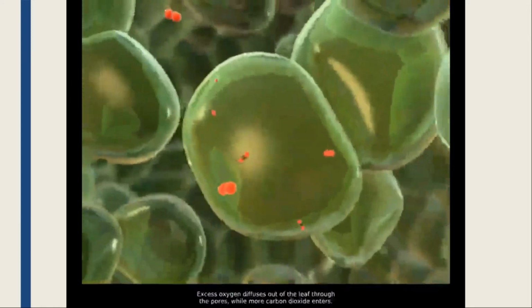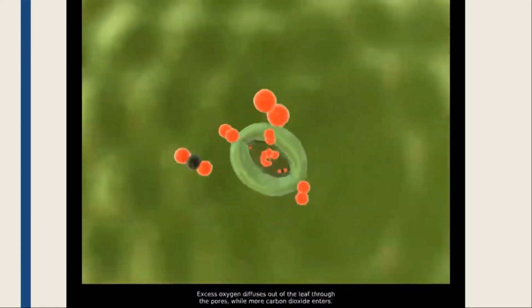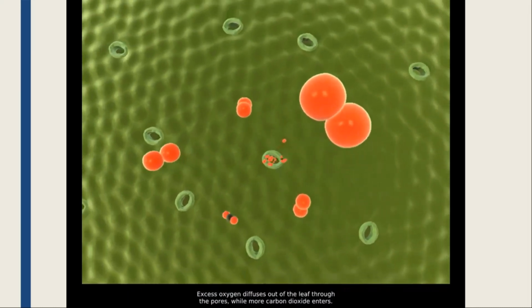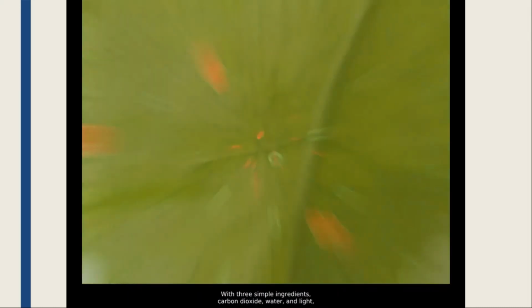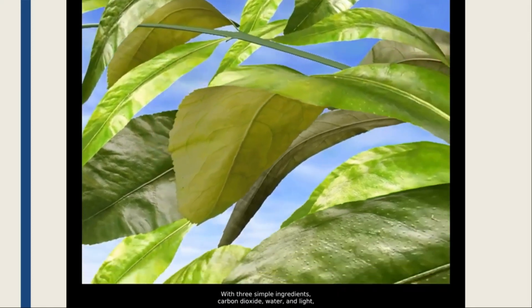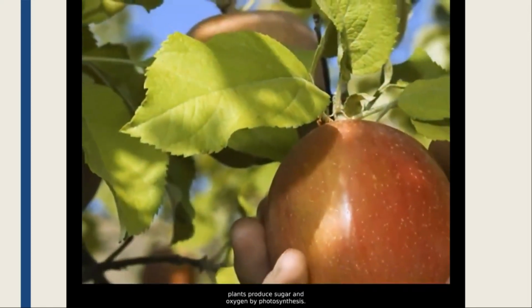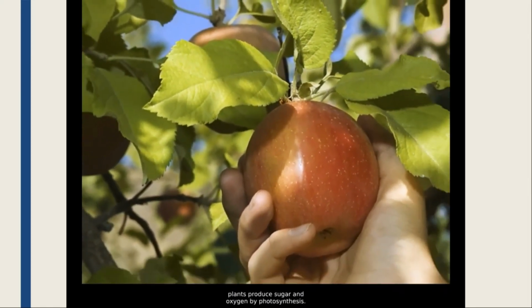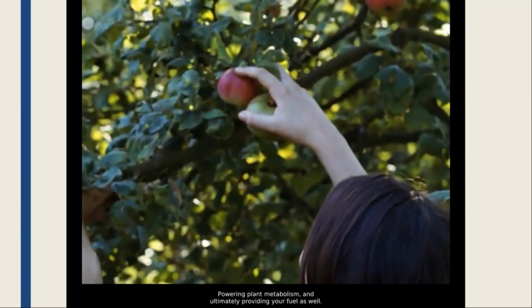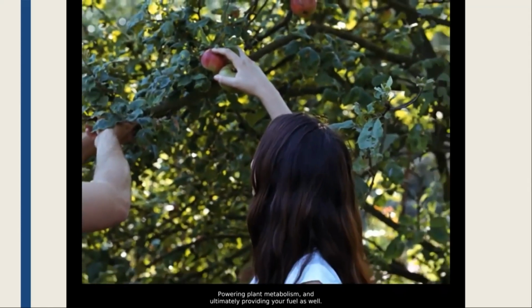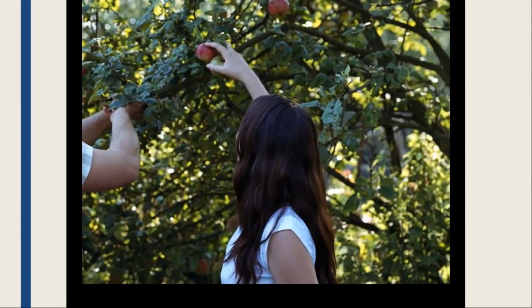Excess oxygen diffuses out of the leaf through the pores, while more carbon dioxide enters. With 3 simple ingredients, carbon dioxide, water, and light, plants produce sugar and oxygen by photosynthesis, powering plant metabolism and ultimately providing your fuel as well.